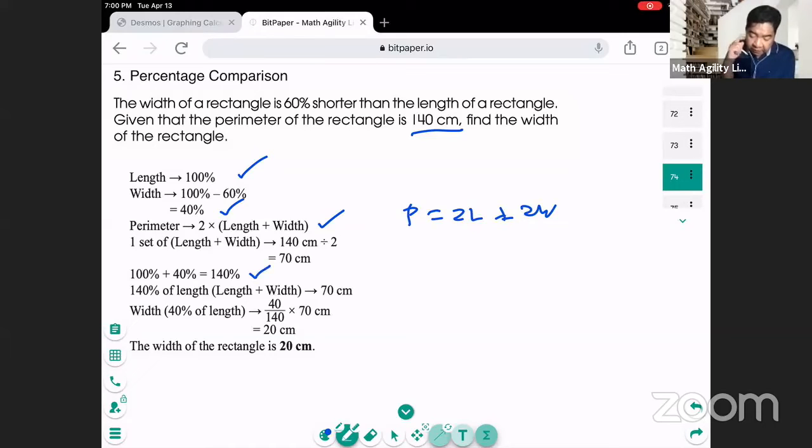So 140% of length, so length plus width is 70 centimeters. So width would definitely be 40% of length. So that is 40 over 140 times 70. We got 20 centimeters. And of course, the width of the rectangle would be equal to this.